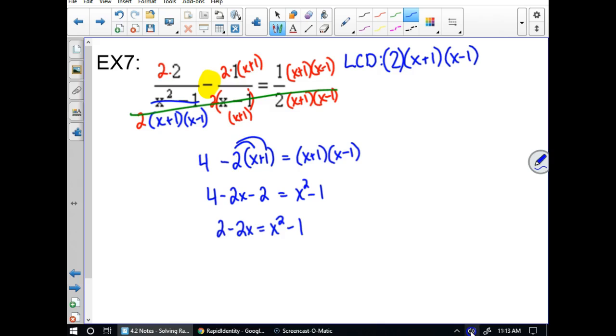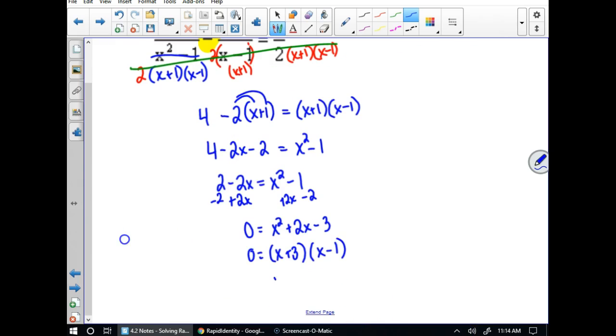So I got to move everything to one side, add 2x, subtract the 2. So I'm going to get 0 equals x squared plus 2x minus 3. And I will factor that. X plus 3, x minus 1. And so x equals negative 3 and x equals 1.